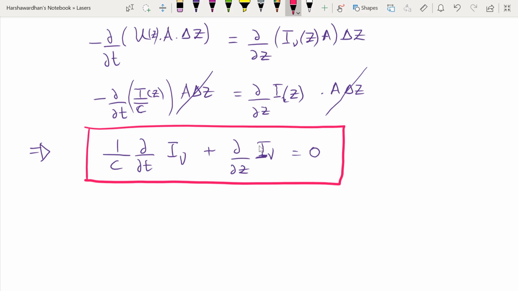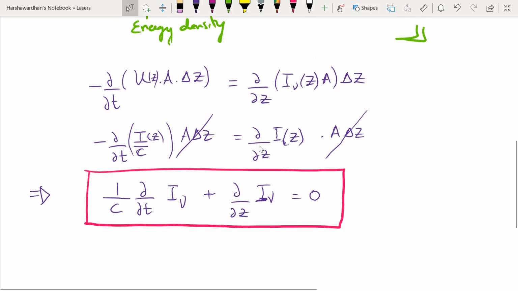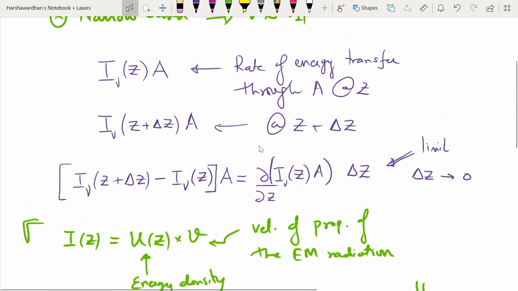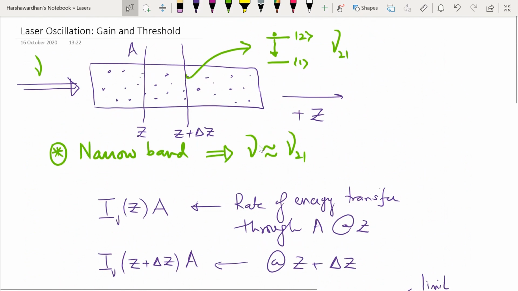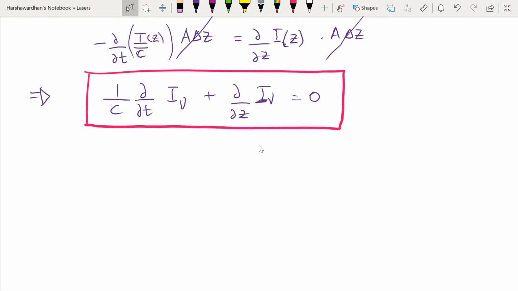On my right hand side, there is a zero. That simply means that there is no loss of energy or gain of energy within this slice delta z, where whatever comes in is what goes out, right? So now imagine that I had a medium which could change the energy within that volume.